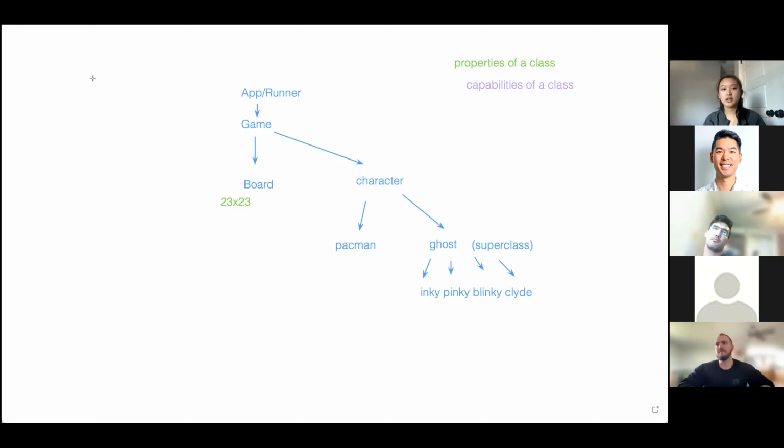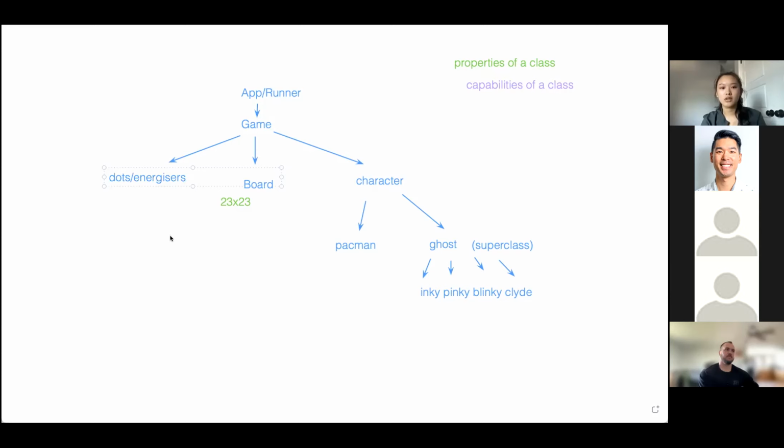So personally, I would probably approach this by putting the dots and the energizers also under the game class in the same level, so that the game class can keep track of where everything is and respond appropriately to all sorts of different scenarios. Does that make sense? Makes sense to me. Yeah.